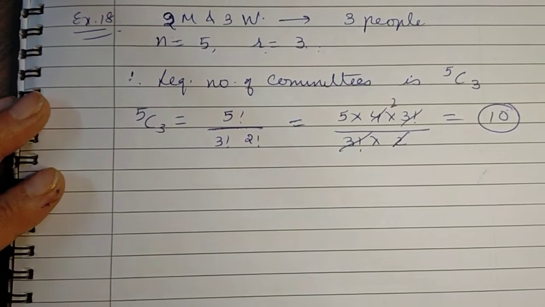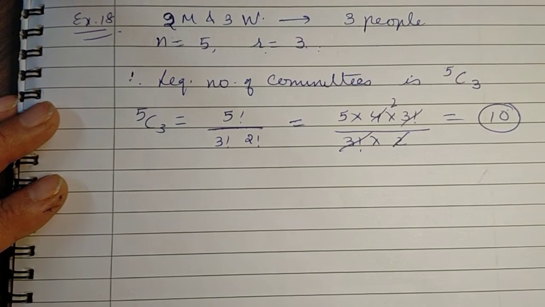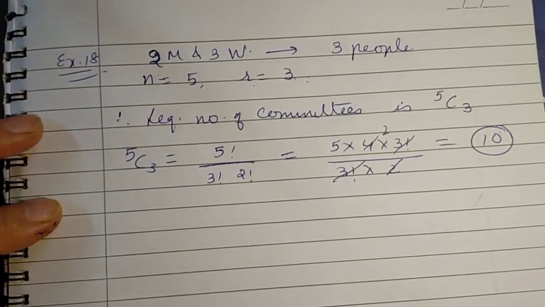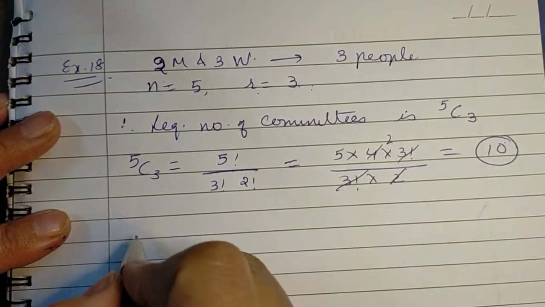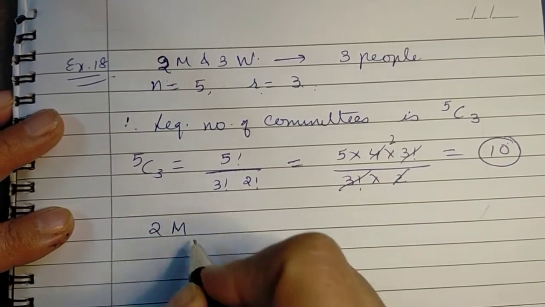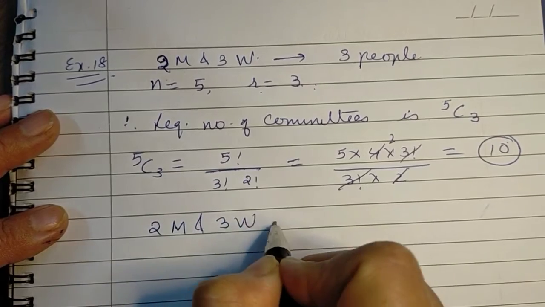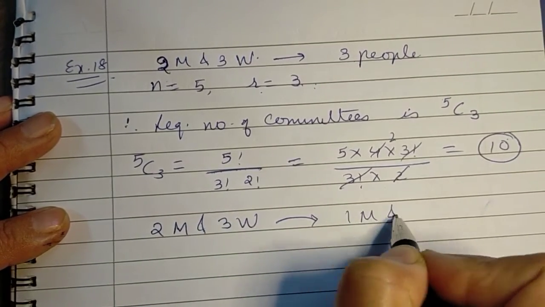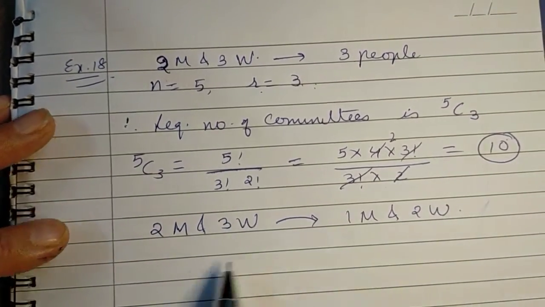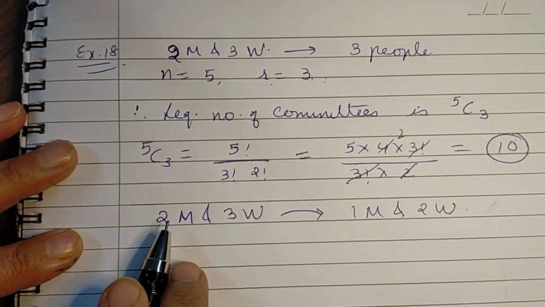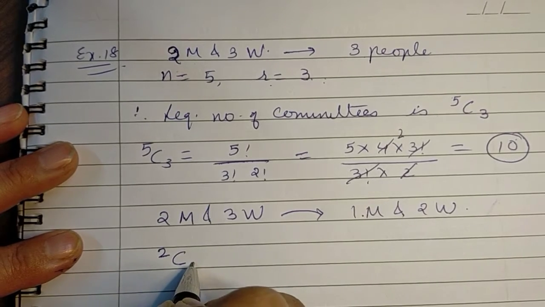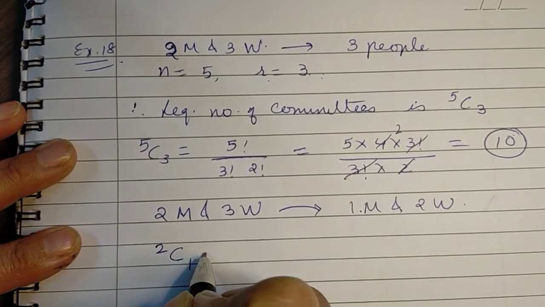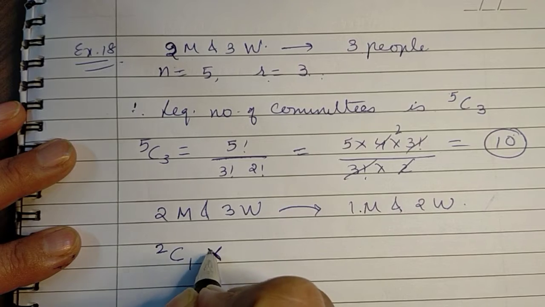Now let's read the remaining part of the question. It says, how many of these committees would consist of 1 man and 2 women? So we are given 2 men and 3 women. We have to choose 1 man and 2 women. 1 man can be chosen from 2 in 2C1 ways, and because of the 'and', we have into.